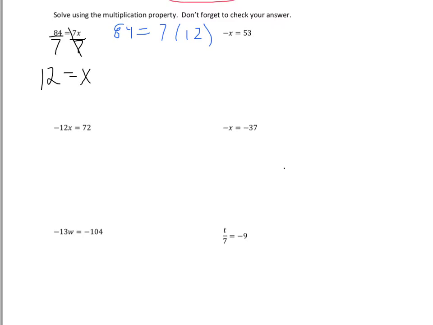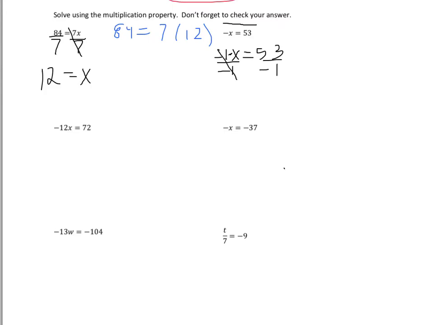So kind of moving over to the right now, we're solving this negative x equals 53. Negative x is really negative 1 times x. We can think of that as negative 1 times x equals 53. So once again, if we're trying to undo this multiplication that's right there, we're going to divide. So divide by negative 1, divide by negative 1. Negative 1 divided by negative 1 is 1.